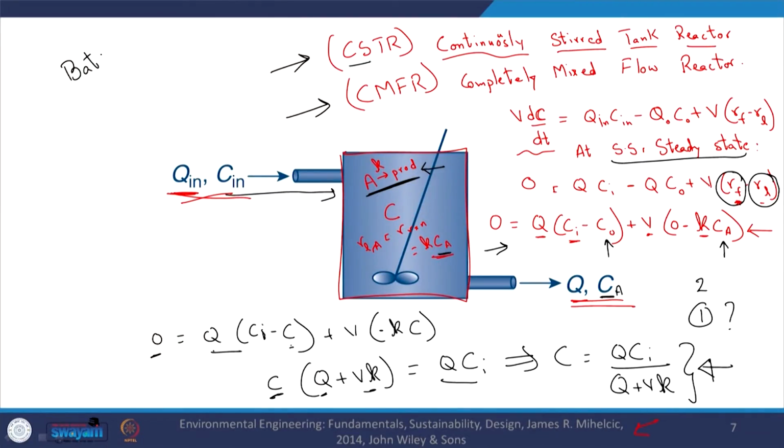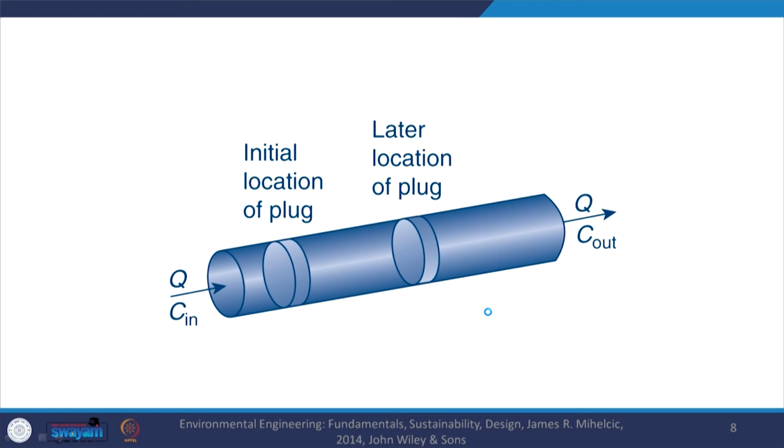So, until now we looked at the batch reactor, and then we moved on to the continuously stirred tank reactor or completely mixed flow reactor, where, unlike the batch reactor, we have mass coming in and mass going out. The next one is more or less a variation: we have mass coming in and mass going out, but unlike the continuously stirred tank reactor, there is no mixing inside the reactor.